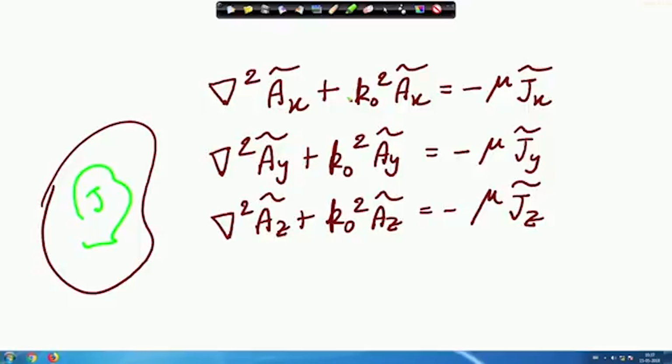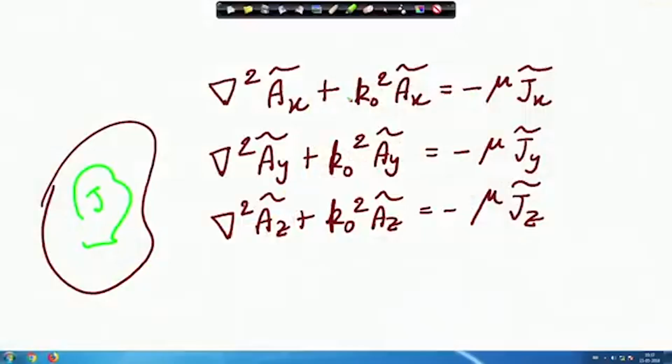In any case, we will have to solve this, and this solution will give us a clue on how to find E and H for the antenna case. That we will take up next, by taking a very conceptual current distribution. Thank you.